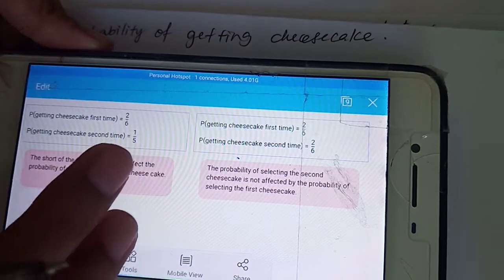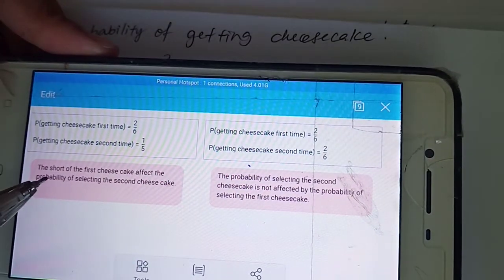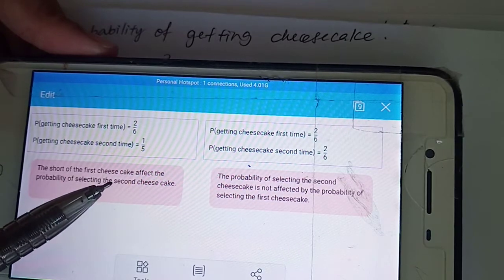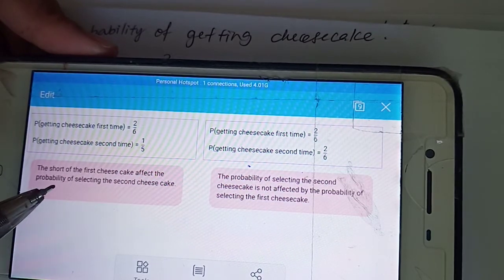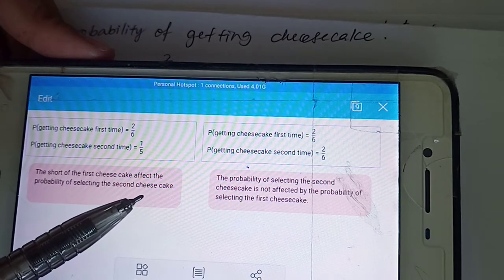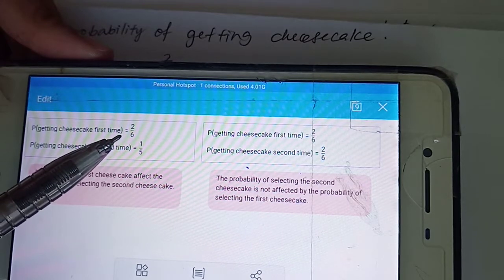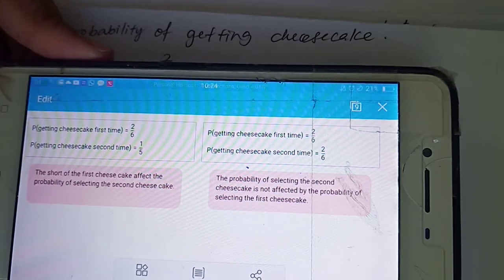So the difference in the two situations is that for the first situation, the shot of the first cheesecake affects the probability of selecting the second cheesecake. This is the one without replacement just now: I take it, I don't put it back.